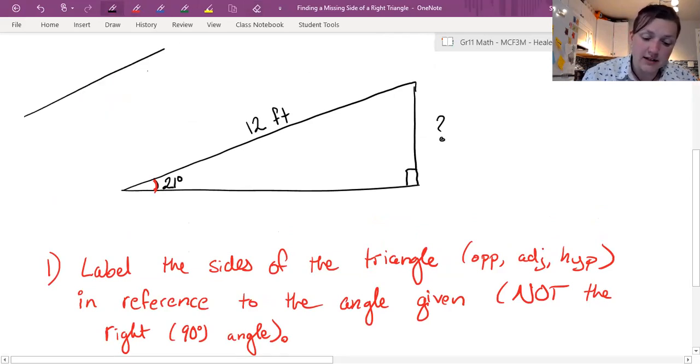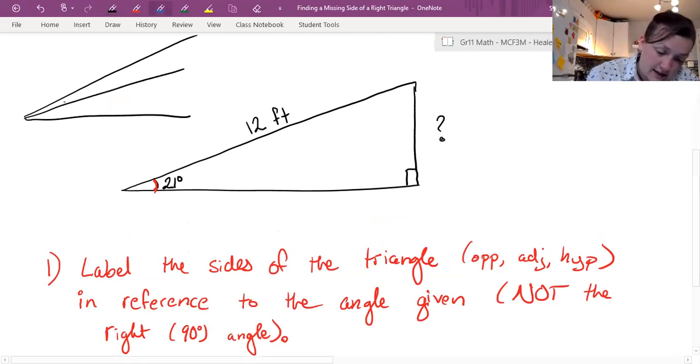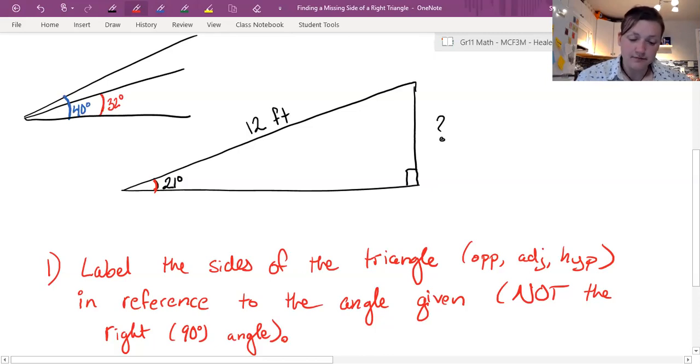It might look something like this, and they would show you, okay, this one is our 40 degree, and this one is the 32 degree. It's just to show you which angle they're talking about.